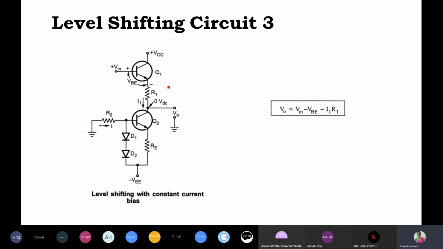So this is level shifting circuit 3. If you observe, all the circuits are developed from the emitter follower only. This is the emitter follower. Initially this is what we have considered.